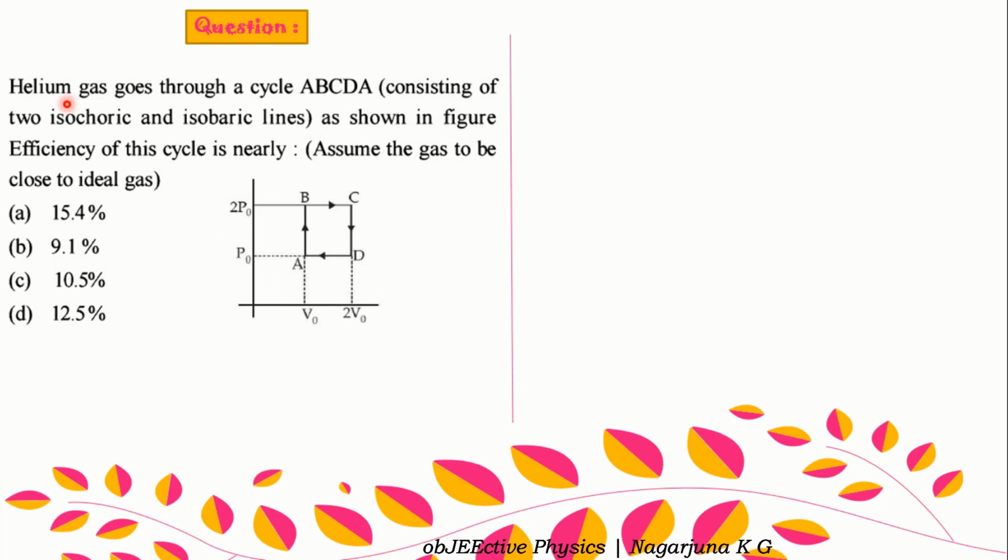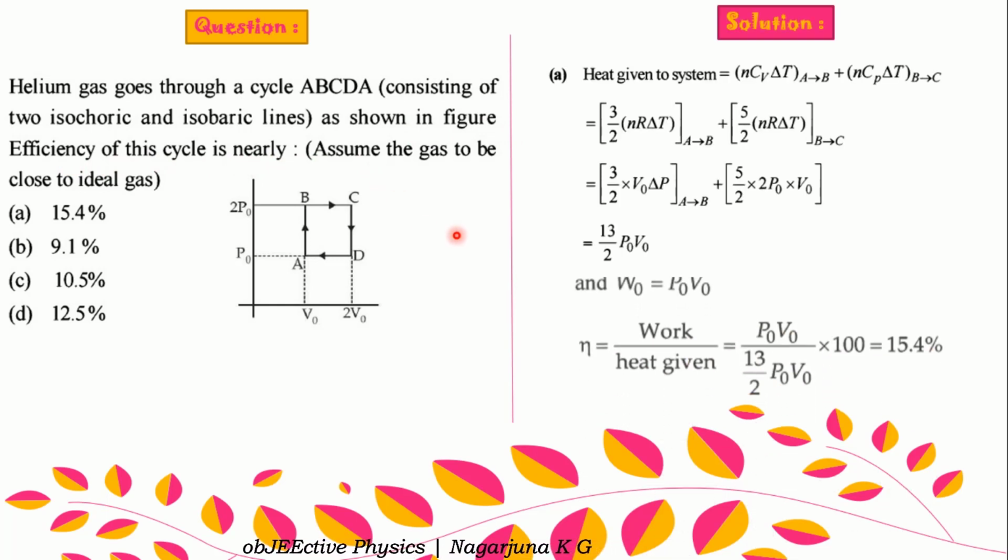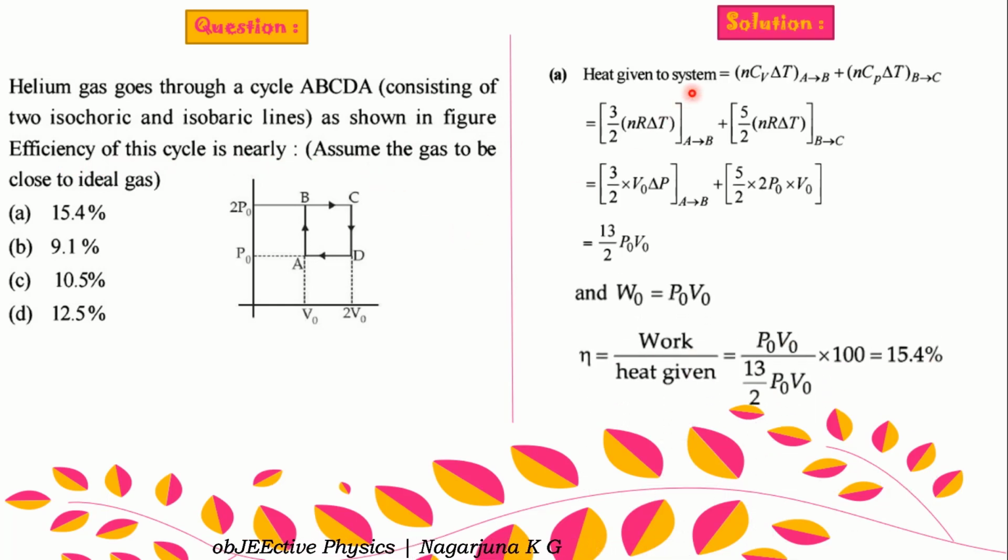Next question. Helium gas goes through a cycle A, B, C, D, A consisting of two isochoric and two isobaric lines as shown in the figure. Efficiency of this cycle is nearly... Observe the solution. Heat given to the system is equal to n Cv dT from A to B plus n Cp dT from B to C, with Cv at constant volume and Cp at constant pressure.